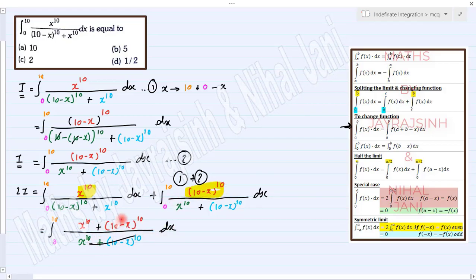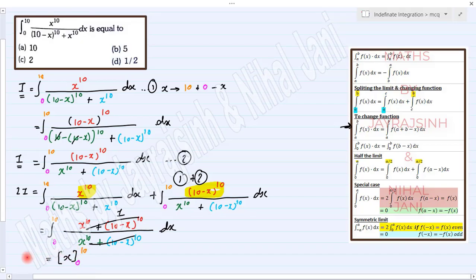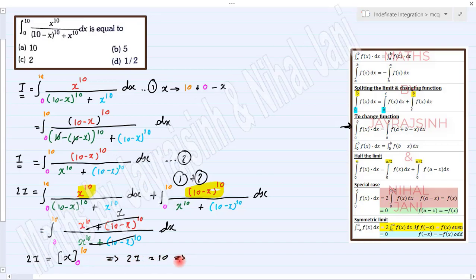So these two terms will cancel out and we just have to integrate one, which is simply x. Limit is from 0 to 10. So we will get 2I is equal to 10, or we can say your I is simply 5, which is given in option B. Ta-da!